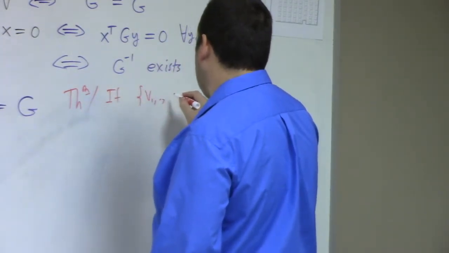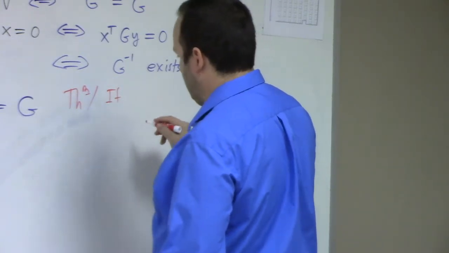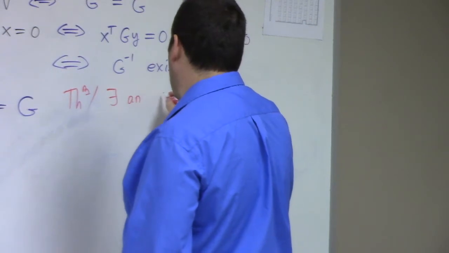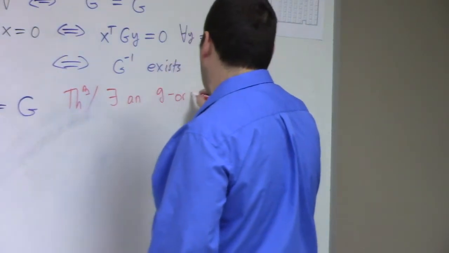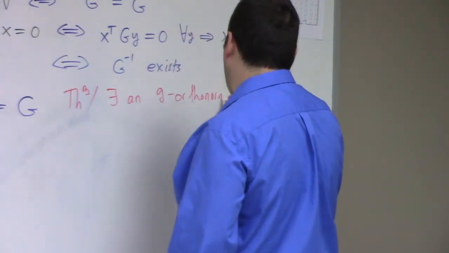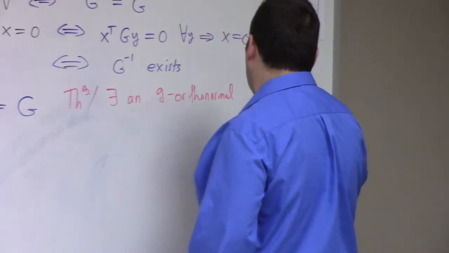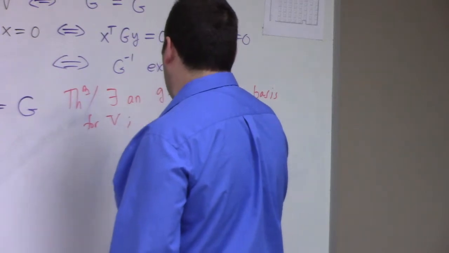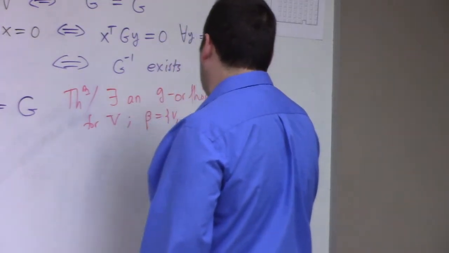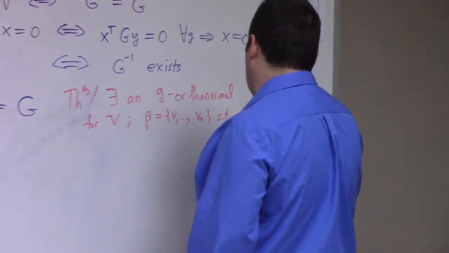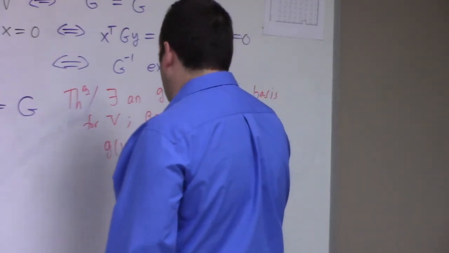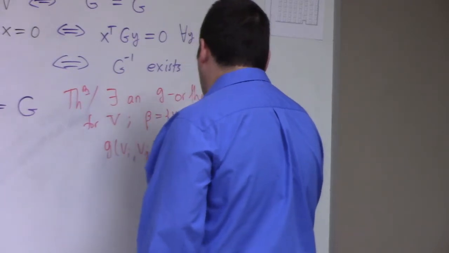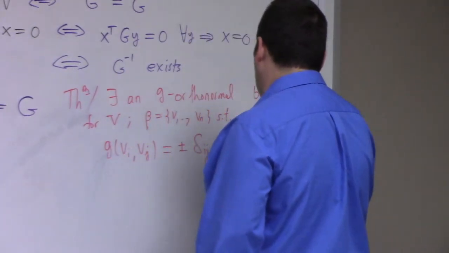so if, how to say this? There exists a G orthonormal basis for V. In other words, beta v1 through vn such that G of vi vj is equal to plus or minus Kronecker delta ij for all i, j.